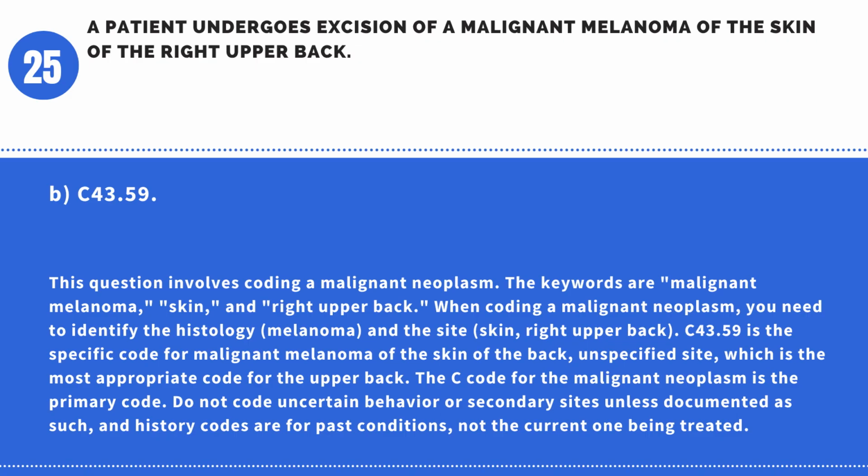C43.59 is the specific code for malignant melanoma of the skin of the back, unspecified site, which is the most appropriate code for the upper back. The C code for the malignant neoplasm is the primary code. Do not code uncertain behavior or secondary sites unless documented as such, and history codes are for past conditions, not the current one being treated.